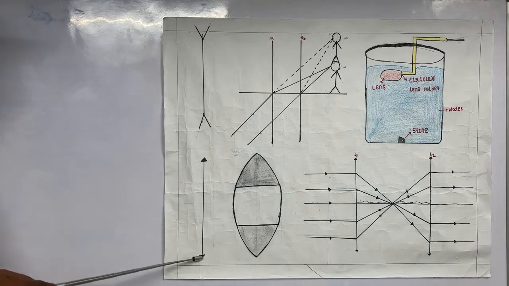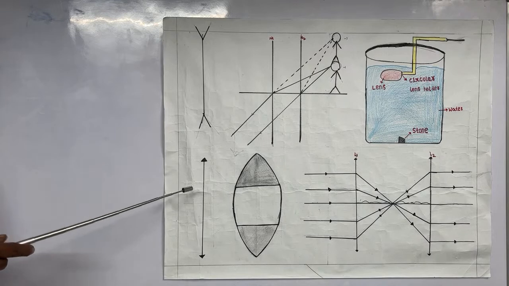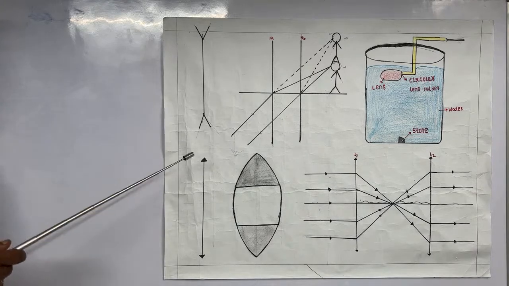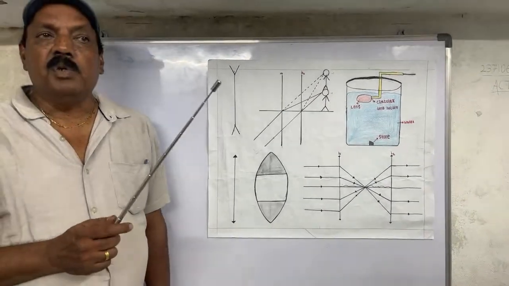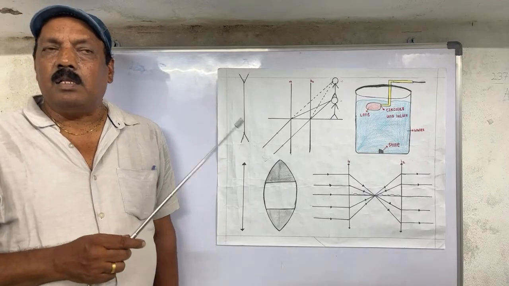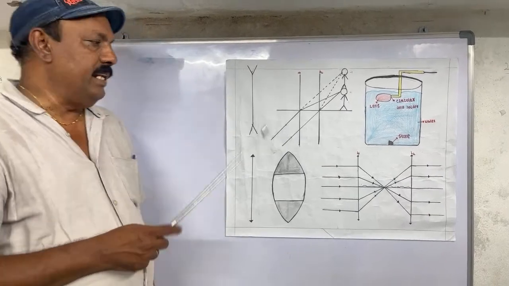When the arrow marks are there like this, that is what we call a convex lens. These are the symbolic representations of both concave lens and convex lens. And try to remember the lenses always have two focal lengths and two radii of curvature. C1, C2 are the two centers of curvature, and F1 and F2 are the two focal lengths.